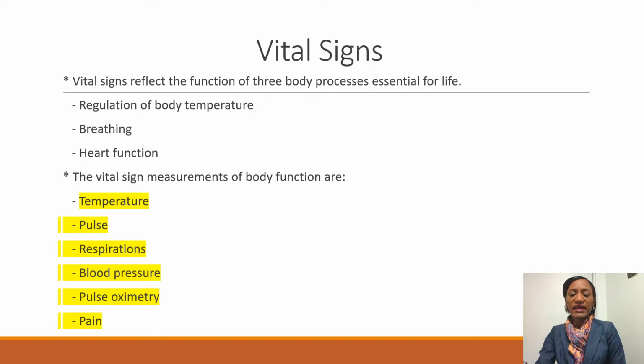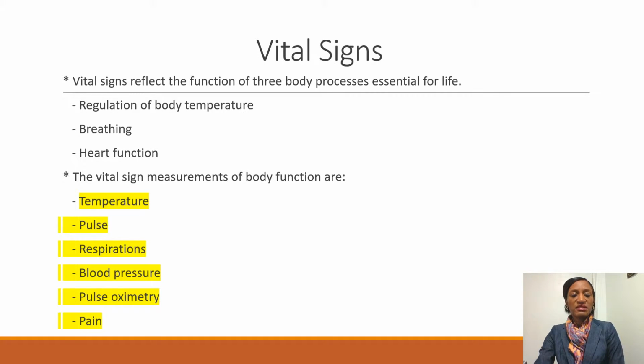So when you think about vital signs, what comes to mind? Vital signs reflect the function of three body processes essential for life: the regulation of body temperature, breathing, and heart function.